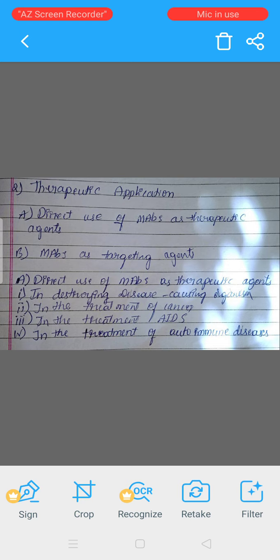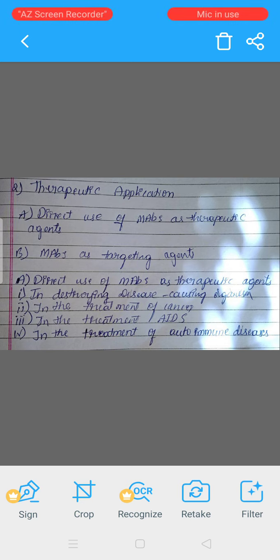The therapeutic applications of monoclonal antibodies are broadly grouped into two types. First one, direct use of monoclonal antibodies as therapeutic agents, and next one, monoclonal antibodies as targeting agents. And first one, monoclonal antibodies as direct therapeutic agents.